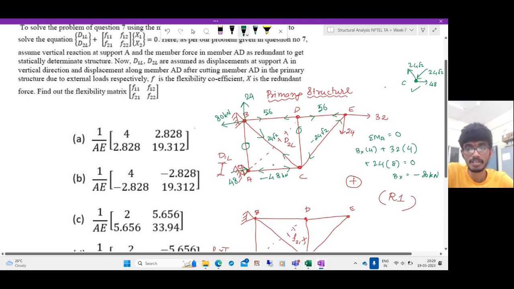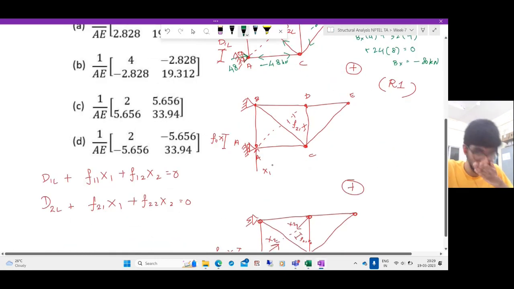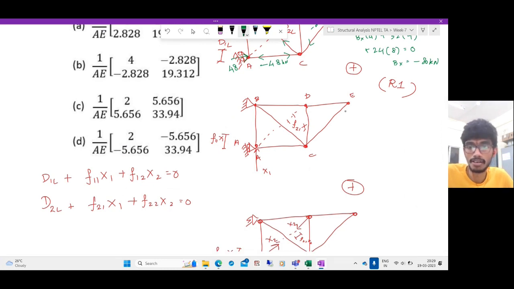Now let us solve the virtual forces structure. You can quickly recognize that there's only a vertical force applied here. This joint has two non-collinear members meeting at a point which doesn't have any load or reaction, so these two are zero force members.